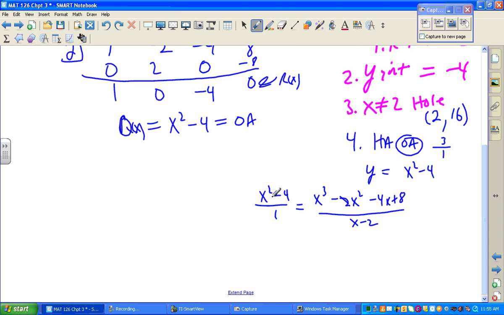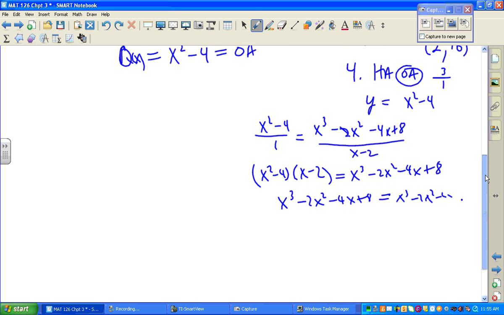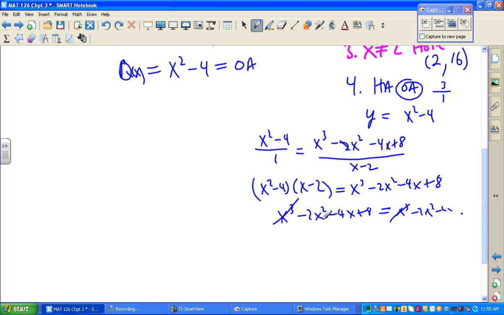And you multiply that out and see what you get. x squared minus 4 times x minus 2 equals x cubed minus 2x squared minus 4x plus 8, and x cubed minus 2x squared minus 4x plus 8. It doesn't cross. All right? Because the x cubes cross off, the 2x squareds cross off, the 4x cross off, and the 8s cross off. There's nothing left. So it doesn't cross. There's no x values.